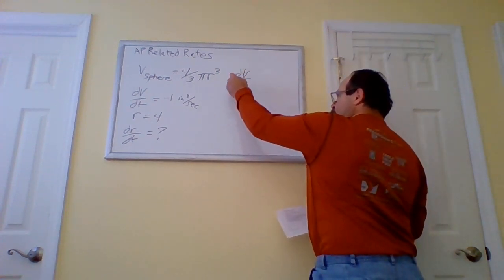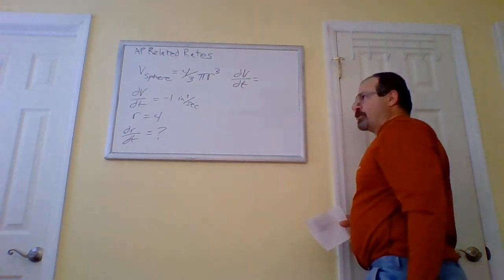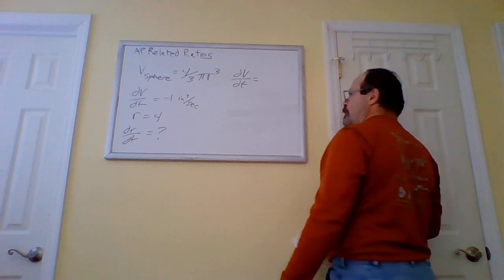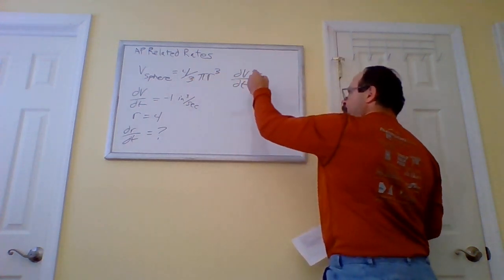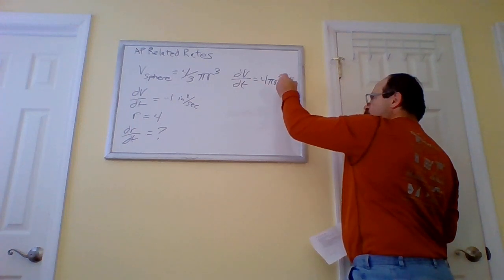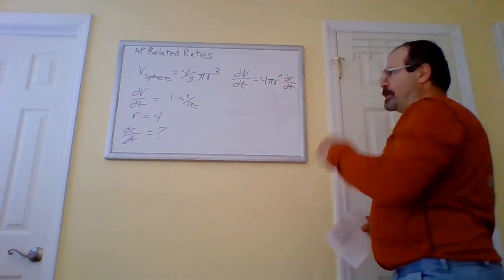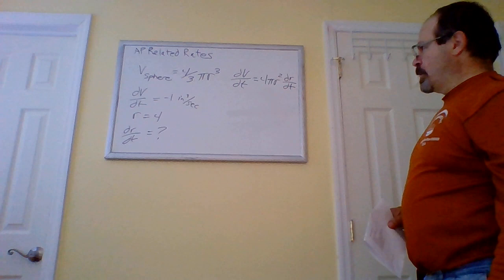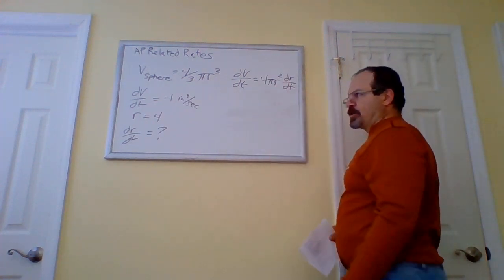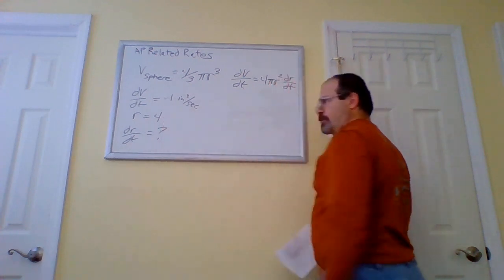All right, here we go. dV/dt, you should be able to do this by now. We've been doing these. We've been plowing through these. So, right, 3 times 4/3. So I'm going to get 4 pi r squared dr/dt. Well, how many variables? Uno, dos, tres. How much info? Uno, dos.